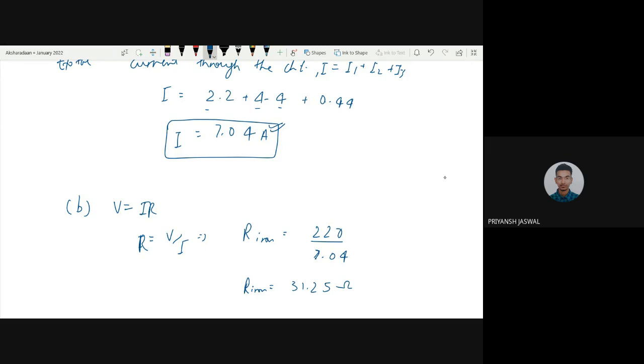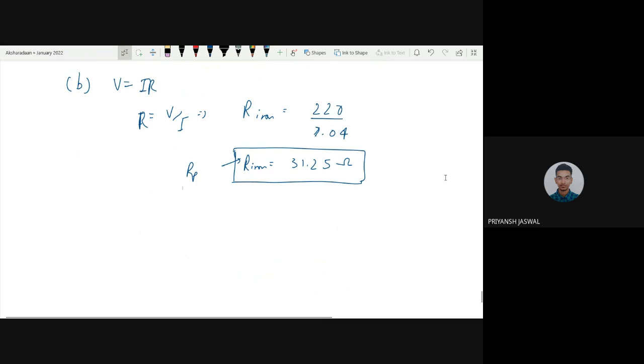This is basically the parallel resistance of the parallel combination. If you calculate the resistance, then you have to calculate the current simply by V by Rp, which is the first method. And this is the second method. First you calculate the current, then you tell the resistance.